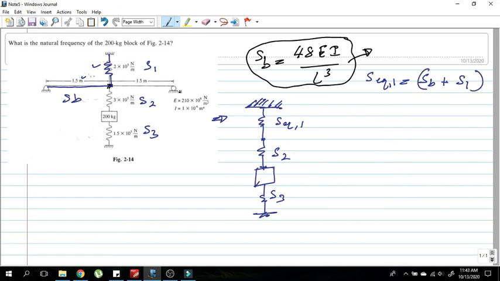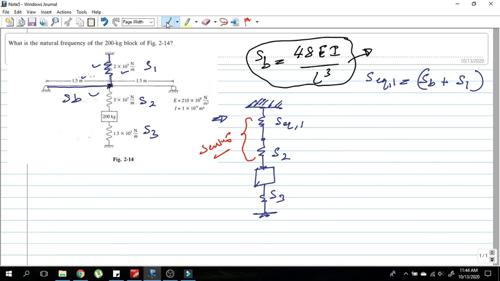Why? Because these two form a parallel system. Now what about SEQ1 and S2? These are in series.